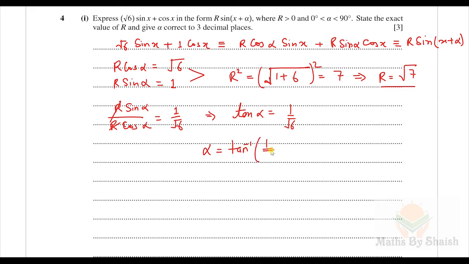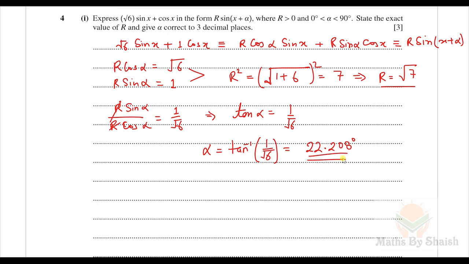So alpha becomes tan inverse of 1 over root 6, and by calculator the answer is 22.207, so 22.208 degrees.